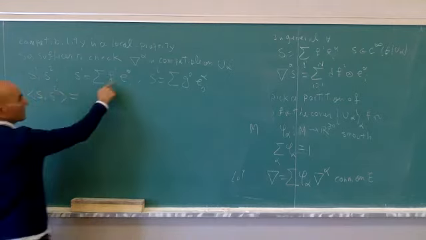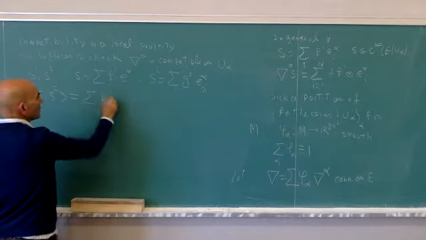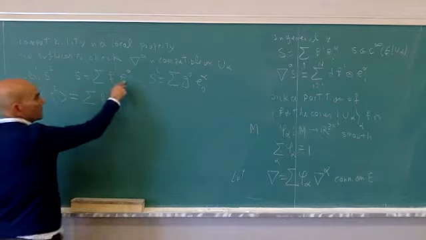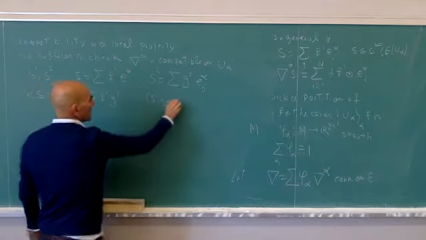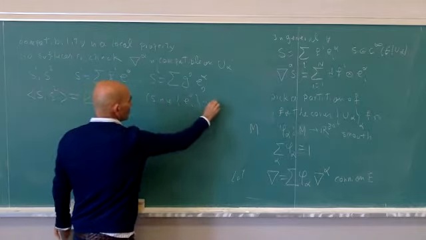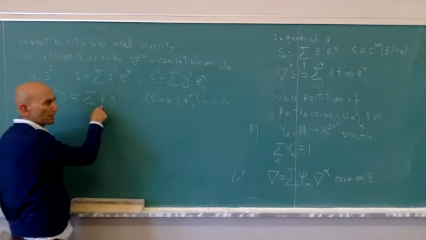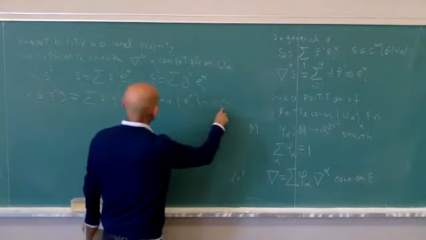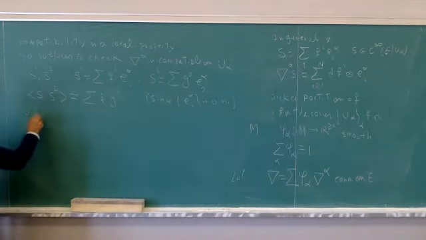This is just the sum of f_i g_i, because these are orthonormal. Since e^α_i is orthonormal, you get rid of those nuisance cross terms here, right?